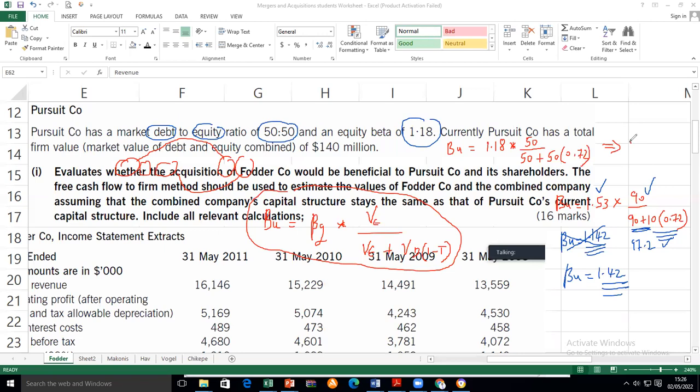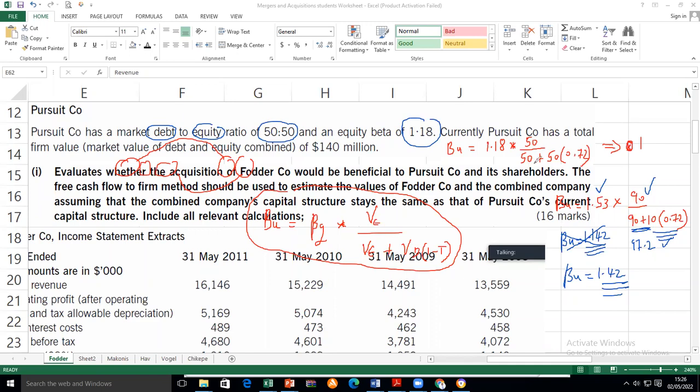1.16? Let's be careful. 50 multiplied by 0.72, then you add it to 50.